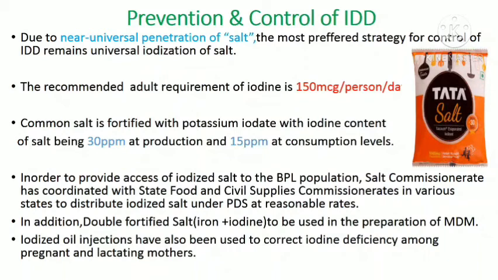But higher salt intake has been implicated in the pathogenesis of cardiovascular disease. Therefore, an expert consultation in 2007 on salt as a vehicle for fortification concluded that policies for universal iodization of salt are in coherence with that for prevention of cardiovascular disease.